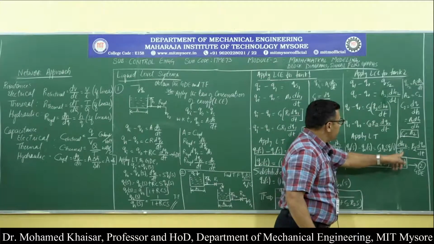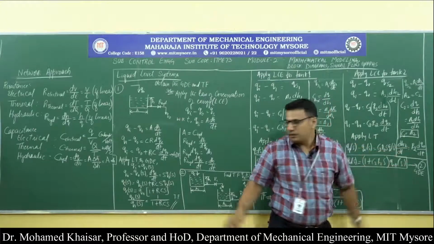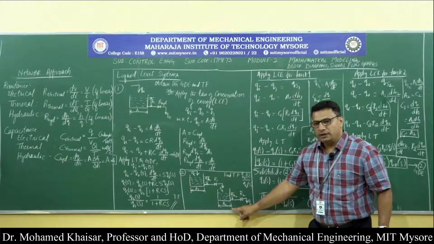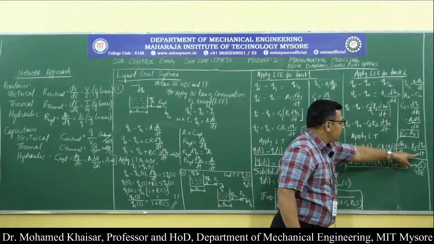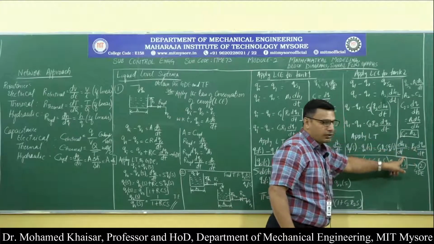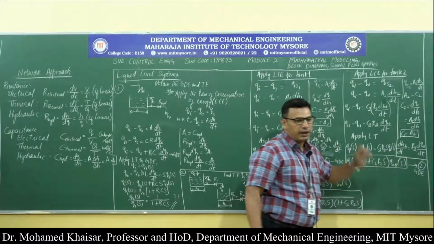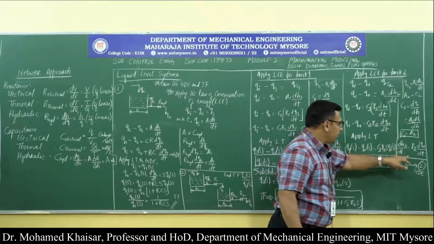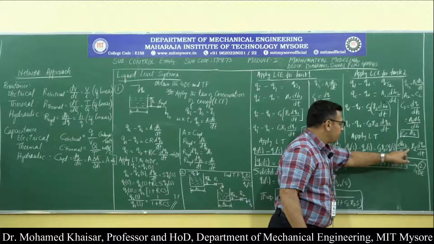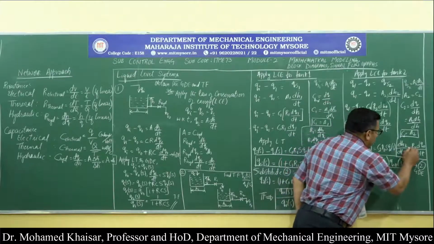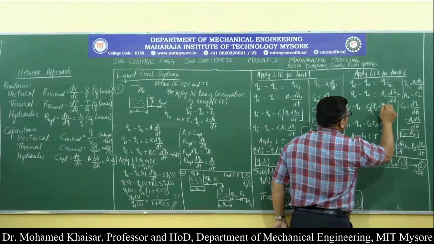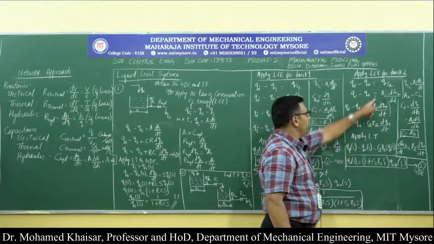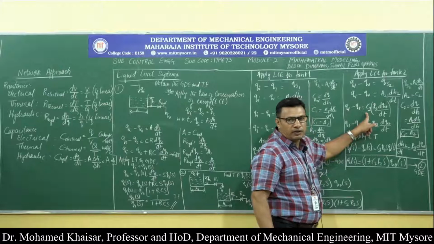Then, R2, the hydraulic resistance for tank 2, is nothing but dH2 by dQ0. Again, if we cross multiply and divide by dt, what we get is dH2 by dt is equal to R2 into dQ0 by dt. That is what we have replaced over here. So, in place of A2, we have written the hydraulic capacitance C2.